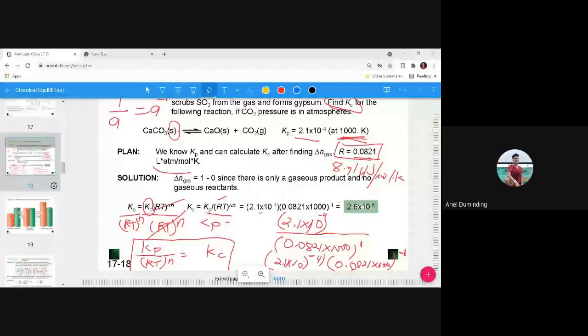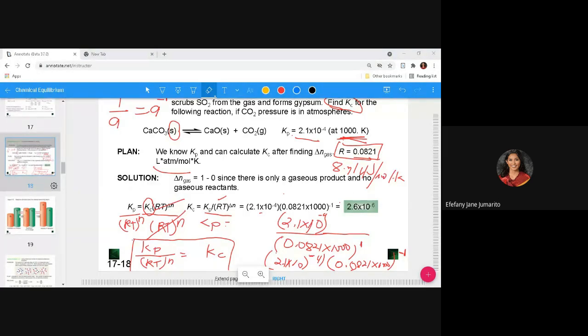Excuse me, ma'am, if ever the equation has 3 gases, do we subtract 1? If the equation is all gases, then it is product minus reactant.